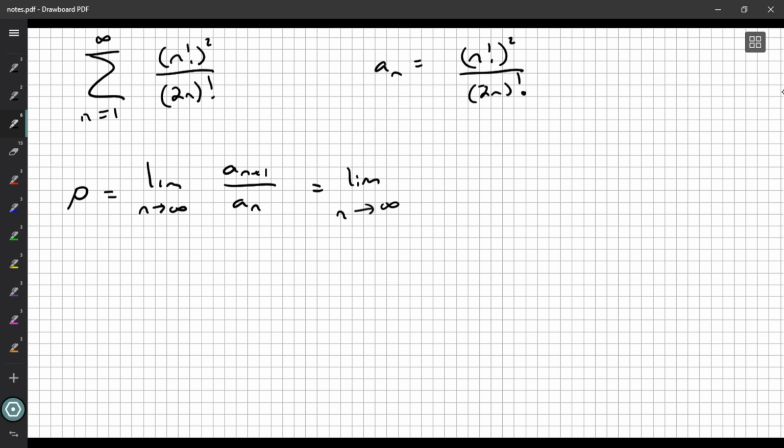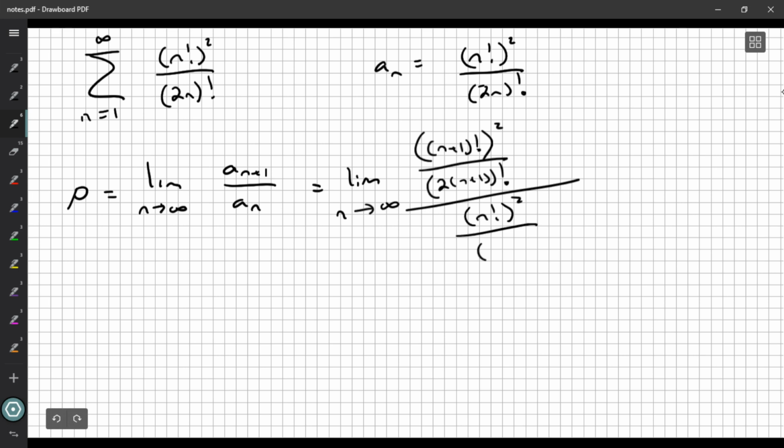So a_{n+1} is going to be (n+1) factorial squared over (2(n+1)) factorial, and then all of that is over our n factorial squared over 2n factorial. So let's get to simplifying.